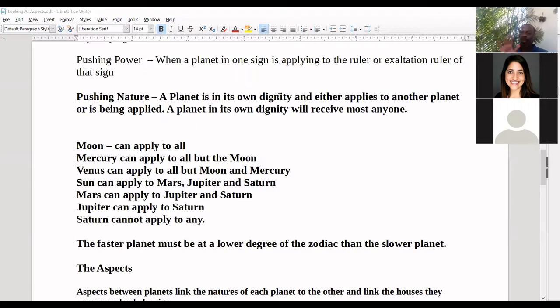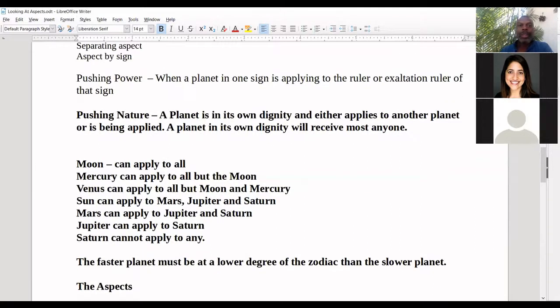Let me go through this one more time just to make sure we've got it down, and that I haven't confused anybody further. Pushing power is when a planet is in a sign, like my Sun is in Capricorn, and it is applying to the ruler or exaltation ruler of that sign. The ruler of Capricorn is Saturn.